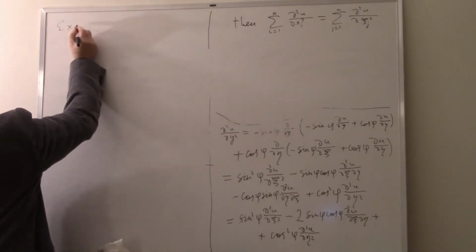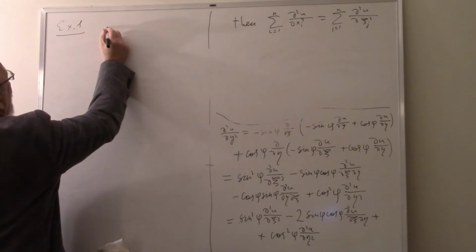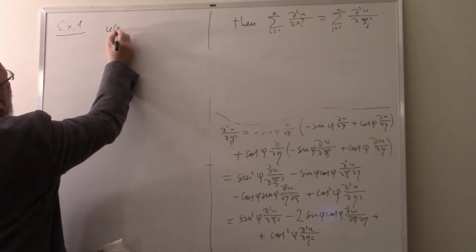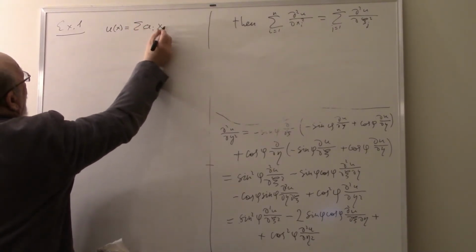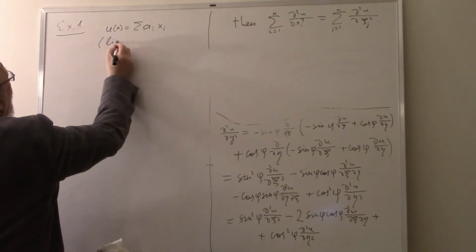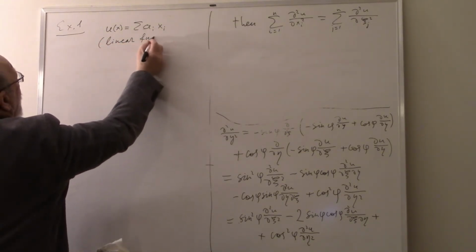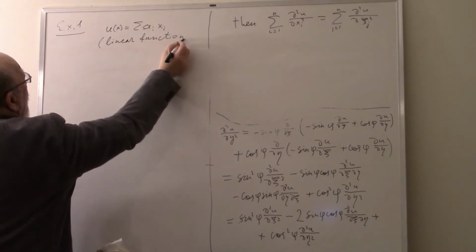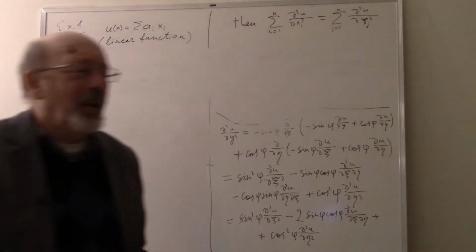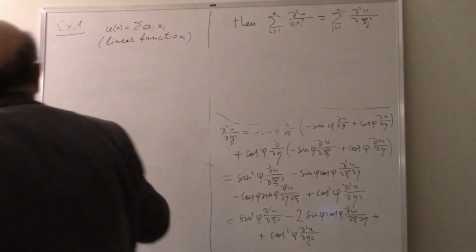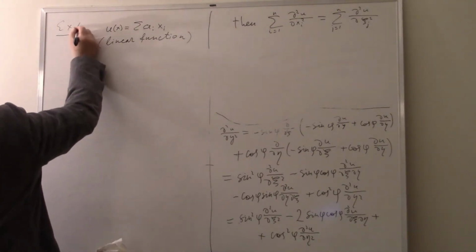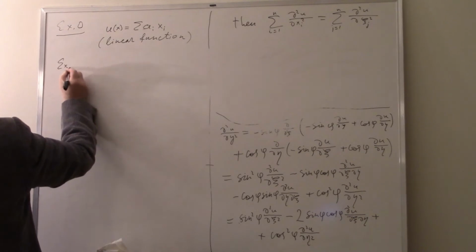Example 0: u of x equals sum a_i x_i, a linear function. Of course, this function is harmonic because all its second derivatives are 0. Example 1.